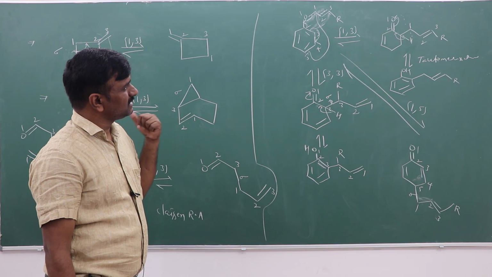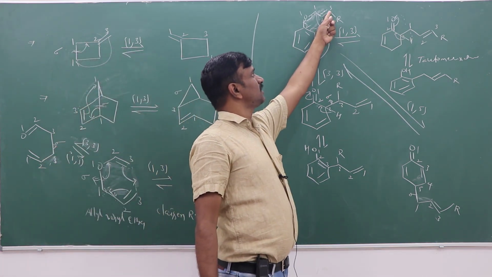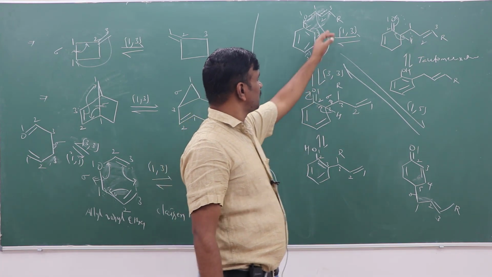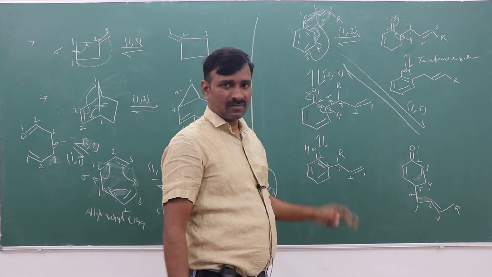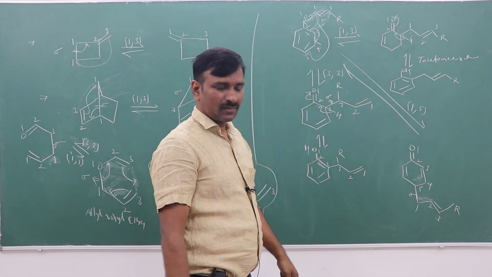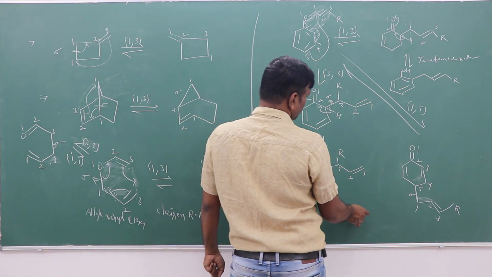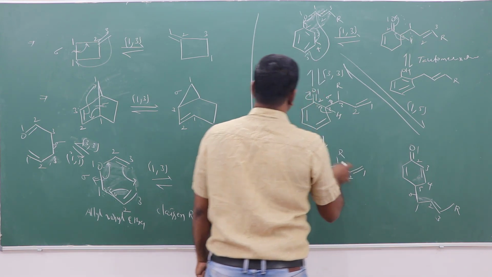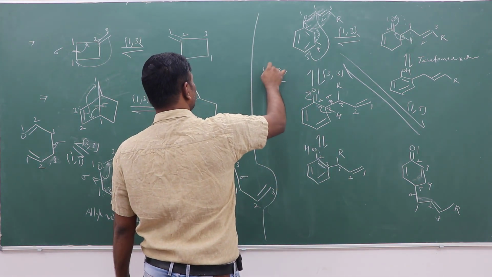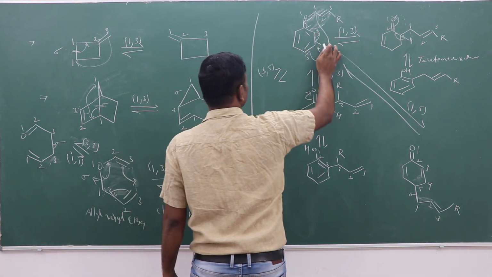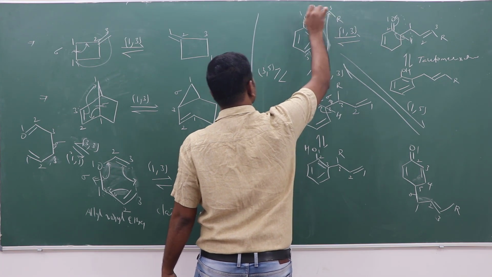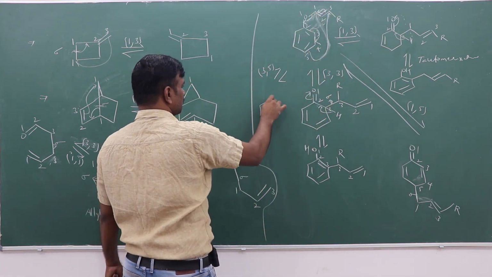Suppose a 5,3 or 3,5 sigmatropic shift takes place, what will happen? This is going to be here. This is going to be here. Right? So if a 3,5 sigmatropic shift takes place, what will happen? This is going to be here in this position. Similar one.